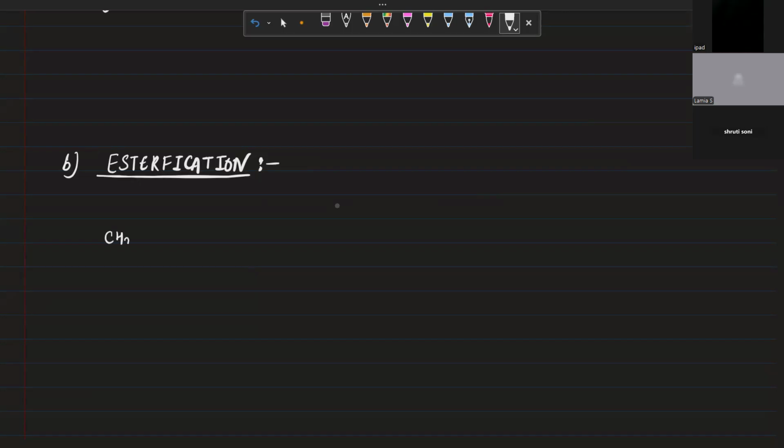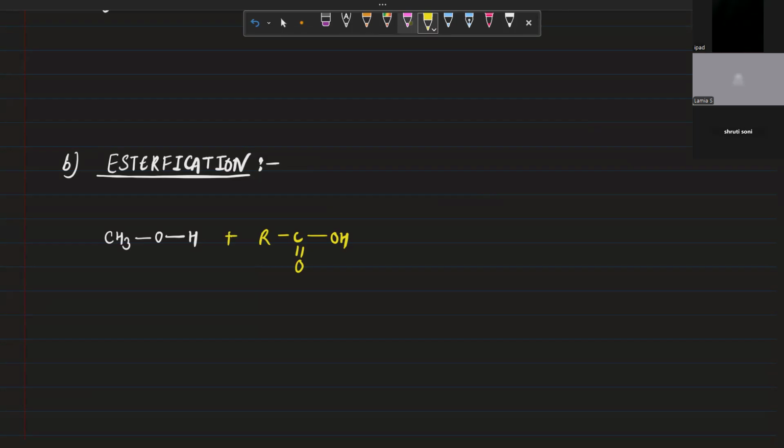Let's suppose I'm having CH3OH. What sort of functional group is this in this case? That would be aldehyde, right? Or actually no, because there's no double bond. Sorry, it would be alcohol, or hydroxyl.